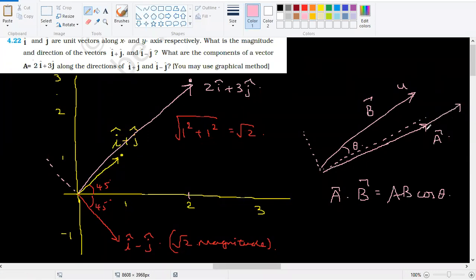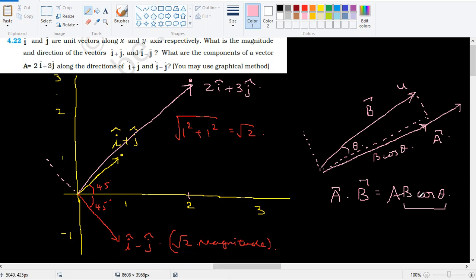Let's say a vector is this long. b cos theta will be up to this length. So the component of b along a is only this b cos theta in this direction. That is what they're asking. Bit confusing, so take it down properly.